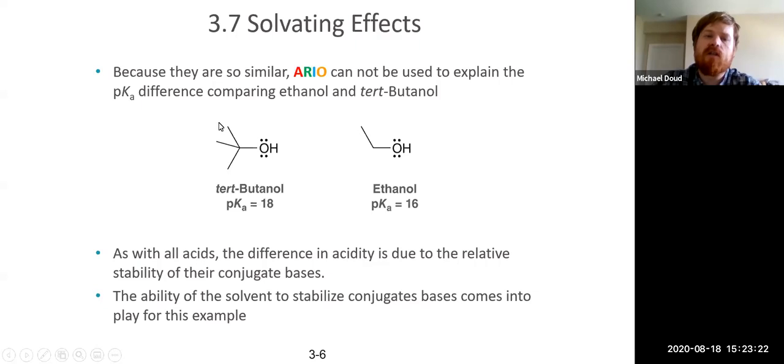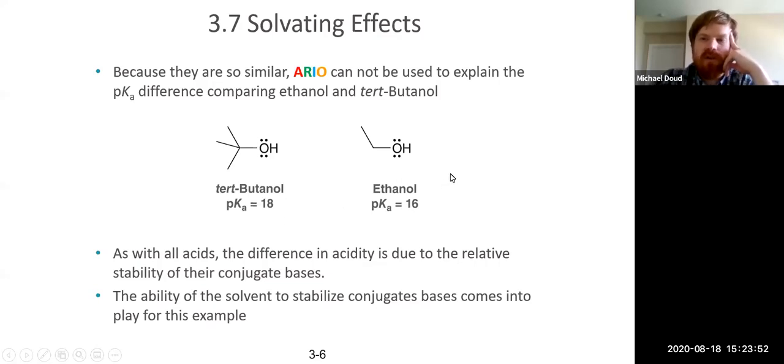If we look at the pKa of tert-butanol versus ethanol, it's not something we could explain using the REO method. Both are on the same atom, they have the same amount of resonance, the same inductive effects, and the same orbital. So nothing from REO explains a pKa of 18 for tert-butanol and a pKa of 16 for ethanol. You'd predict essentially the same pKa.